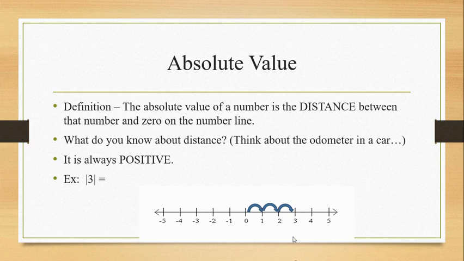What it means is we are 3 steps from 0. 1, 2, 3. What if it's -5? Then we're going to be 5 steps from 0. And even though it's to the left in the negative direction, it is a positive 5 that you have actually walked 5 steps.